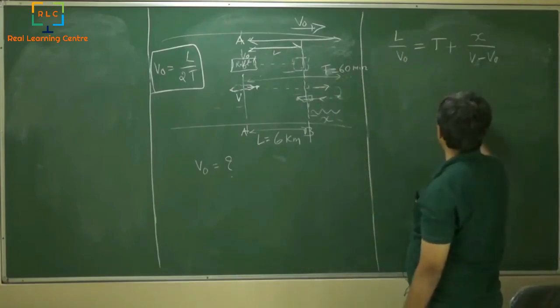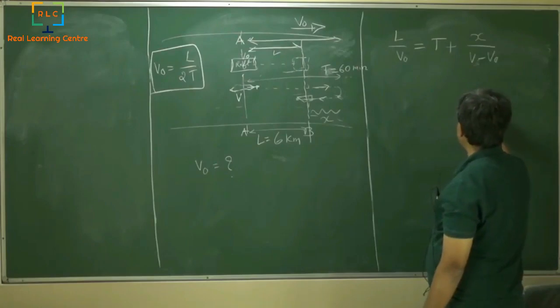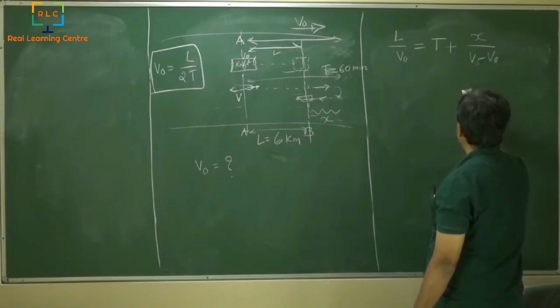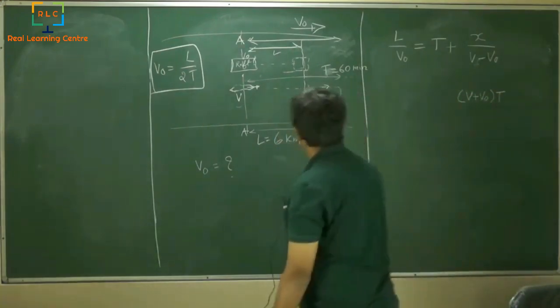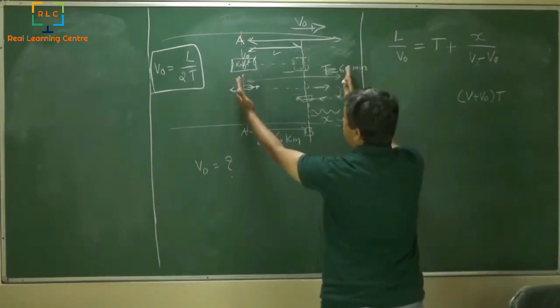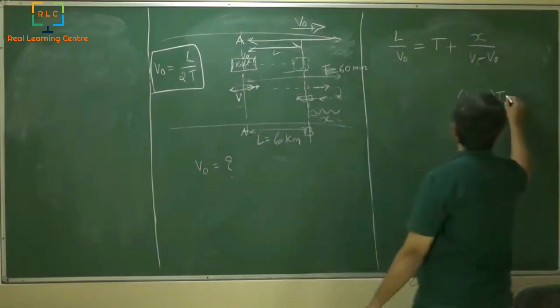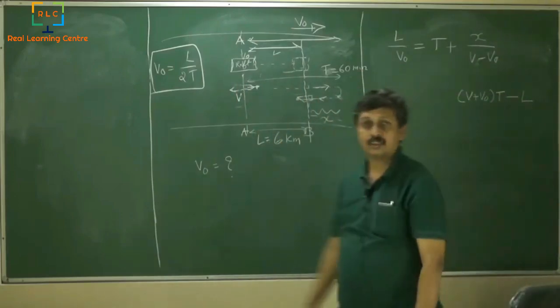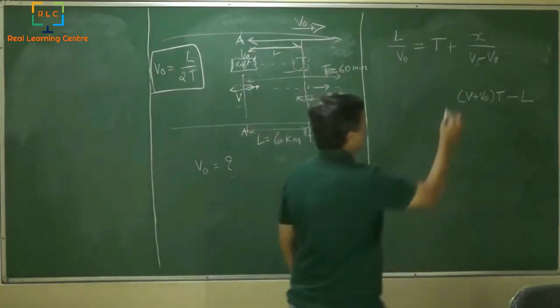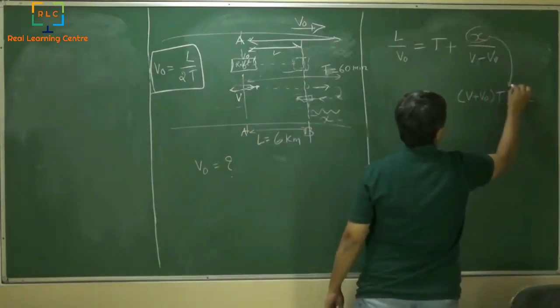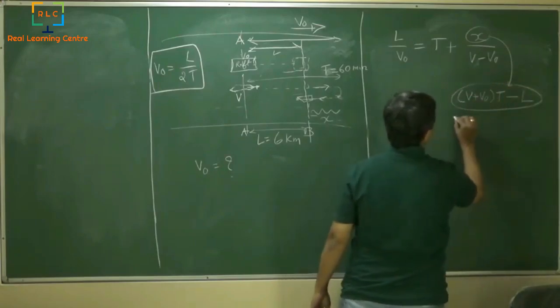It is nothing but v plus v0 into time. Okay. What is whole this much? This is L minus L. Okay. So this is x. Okay. This x is nothing but this. Now we will write remaining as it is.